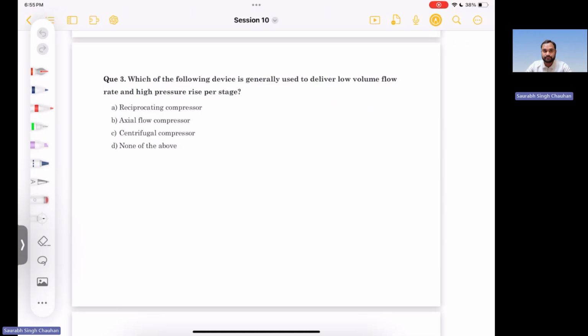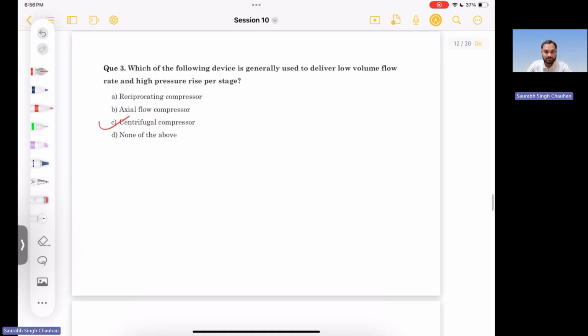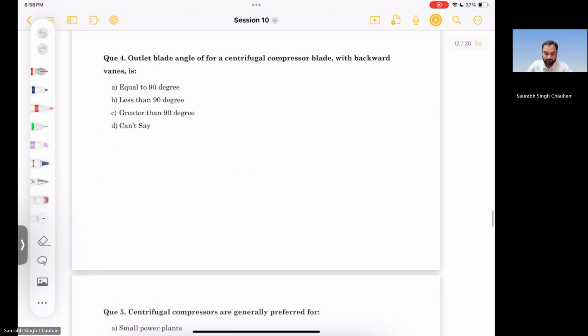So we have discussed both type of compressors, axial flow compressors as well as centrifugal compressor, and we have also discussed that centrifugal compressors provide high pressure rise at low volume flow rates. Okay, so the correct option is centrifugal compressor. Okay, so it is very simple. I hope no doubt in this question. We can move to question number 4.